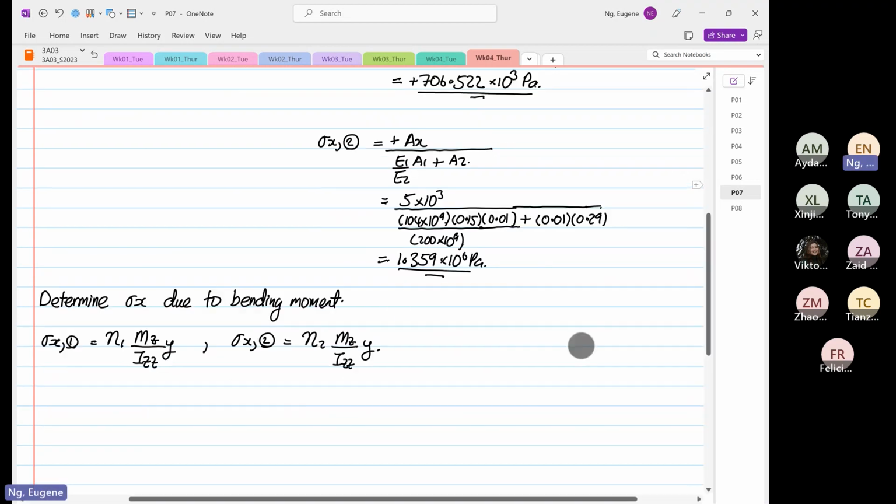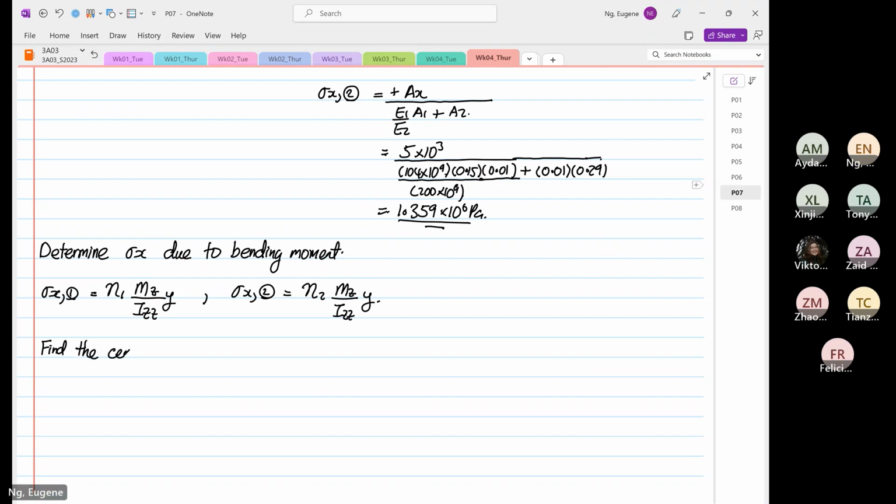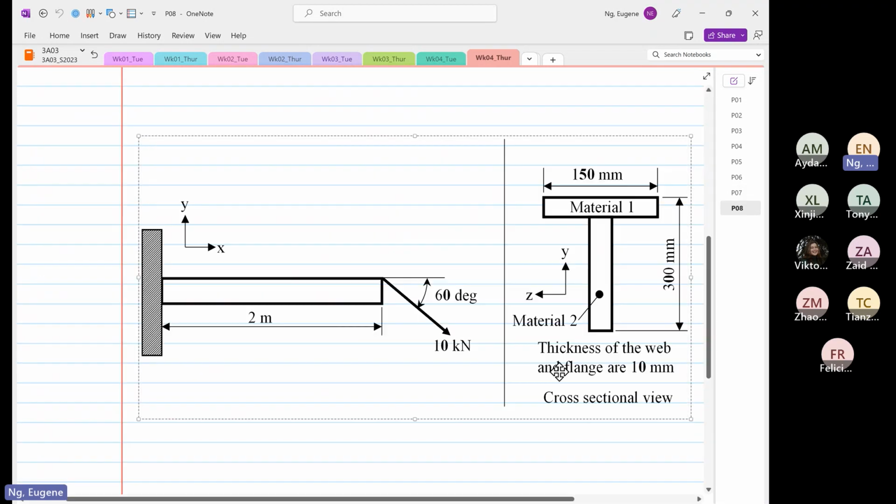So the first thing we have to do, we are going to find the centroid and Izz. Okay, so we are going to focus on this cross section now.